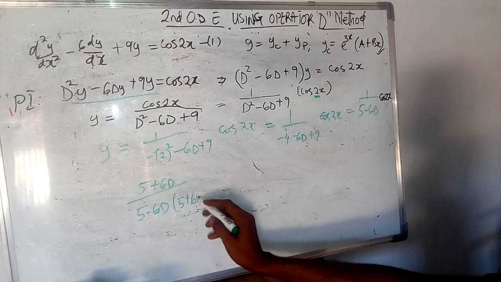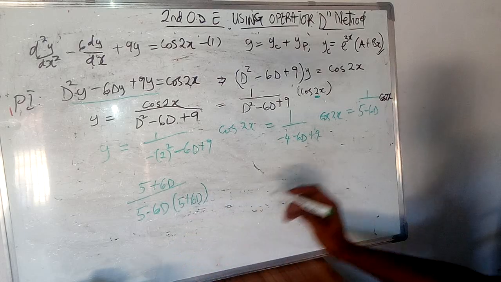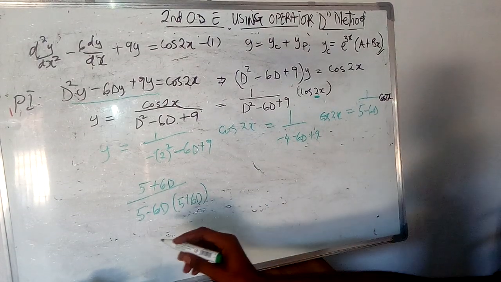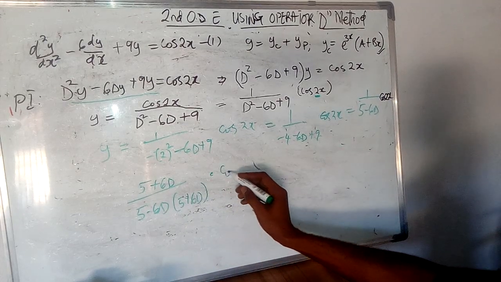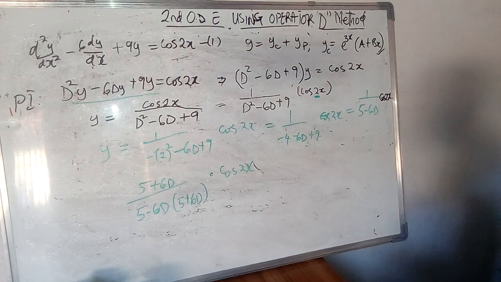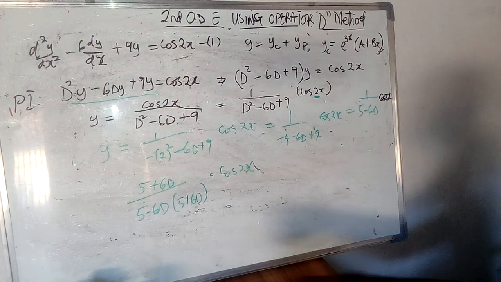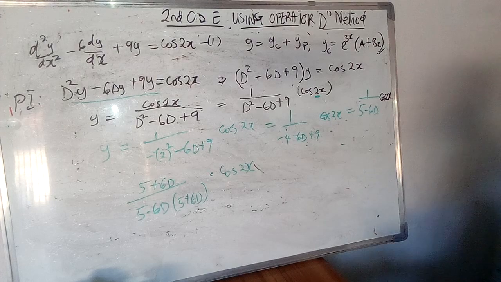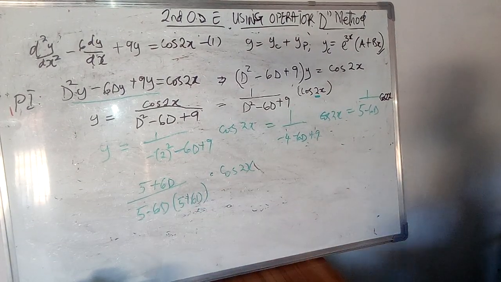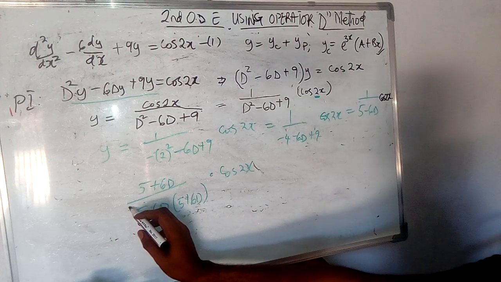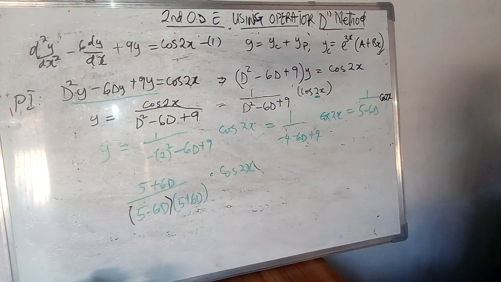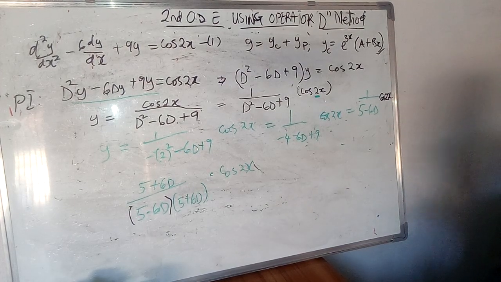When you multiply 5 plus 6D to the numerator and denominator, we get something that we can easily use and operate on cos 2x. It's just the same thing. We are just trying to make a conjugate of the fraction. So this is the difference of two squares. If you don't know what difference of two squares is, when expanding and factorizing, you check it out.